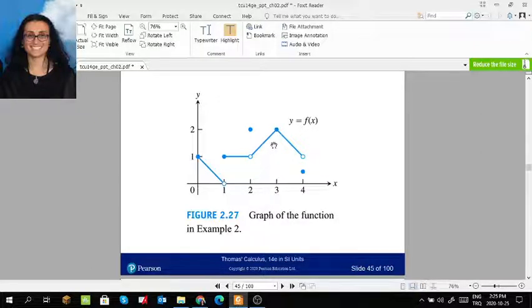At 3 we have the left limit 2 because it is going up until 2, so this height is 2, and the right limit is 2, and so the limit is 2 as x approaches 3. Here we can only talk about the left limit, and I think it is 1, right? Because the function is going down, so the left limit is 1.